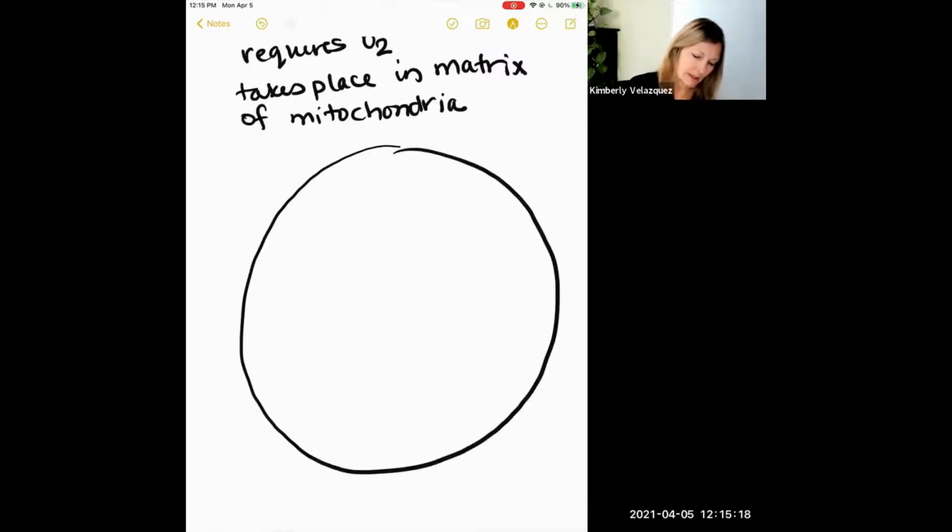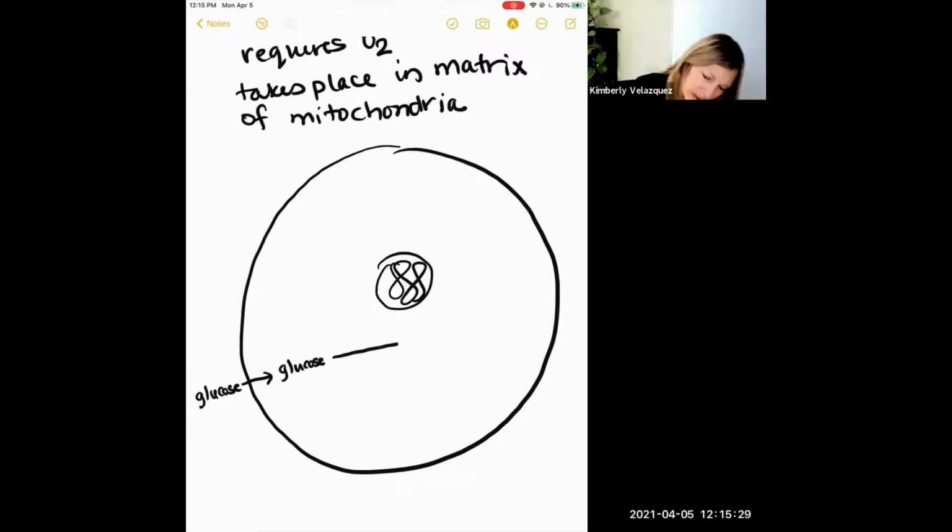Here's the cell again, nucleus. Out here in the cytoplasm, glucose came into the cell. It went through glycolysis, sugar splitting, and it produced 2 pyruvate out here in the cytoplasm. Now, if oxygen is present, so I'm just going to say if O2, those 2 pyruvate are going to go into the mitochondrion and complete the breakdown of glucose.